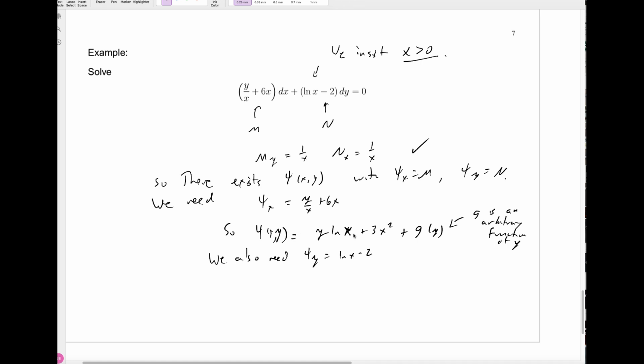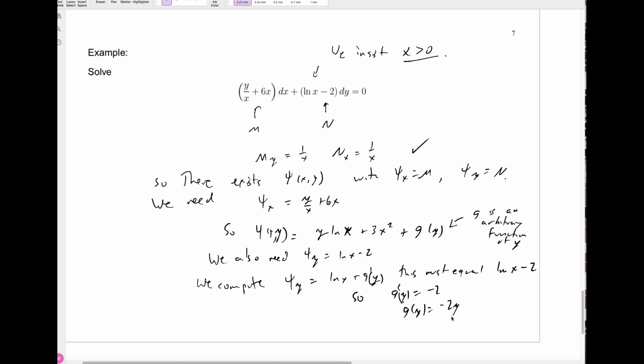And from this formula here, we compute C sub y to be log x plus 0 plus g prime of y. And this must equal log x minus 2. So g prime of y equals minus 2. G of y is just minus 2y. Remember, we could have an arbitrary constant here as well. We just need one representative function, C, to make this work.